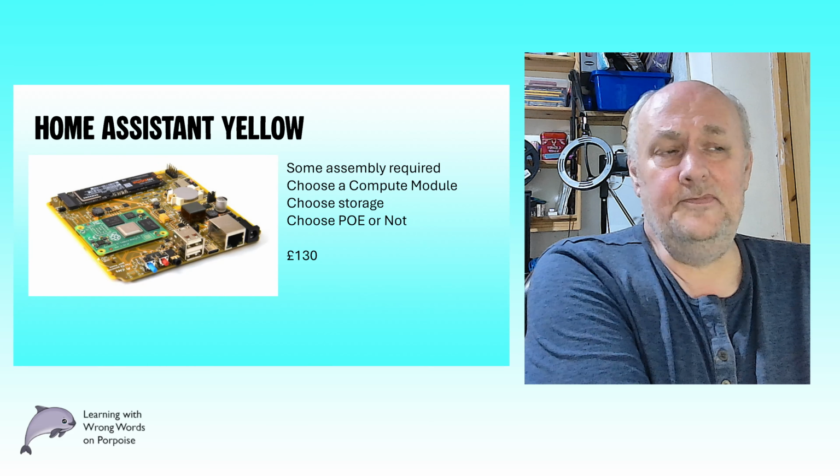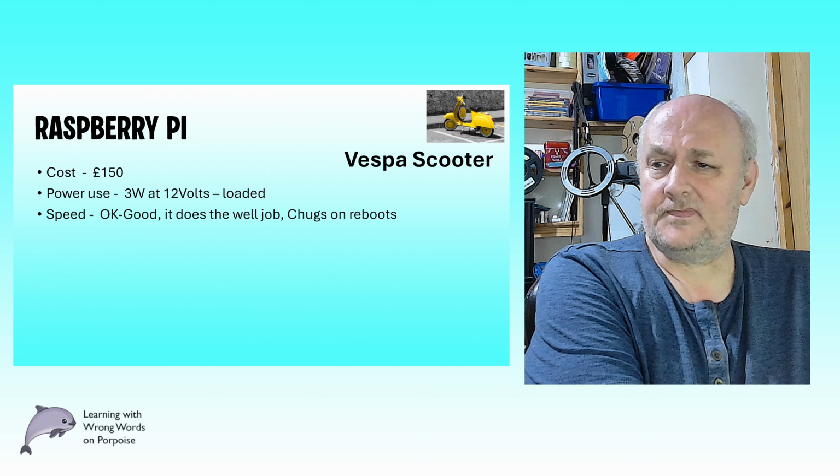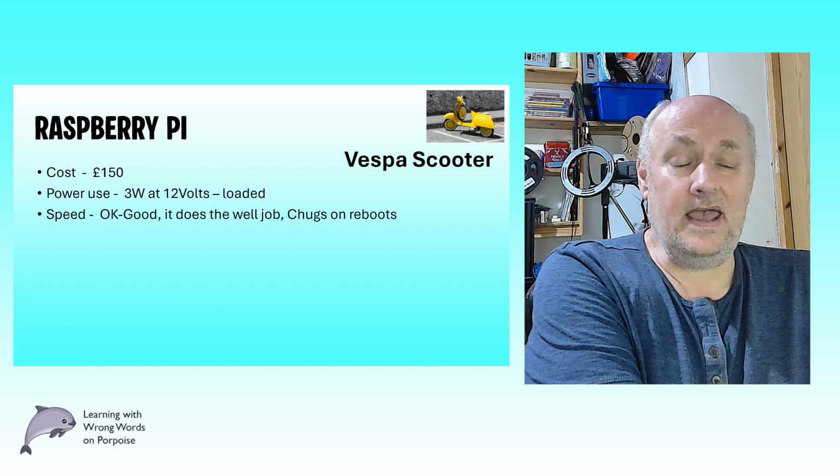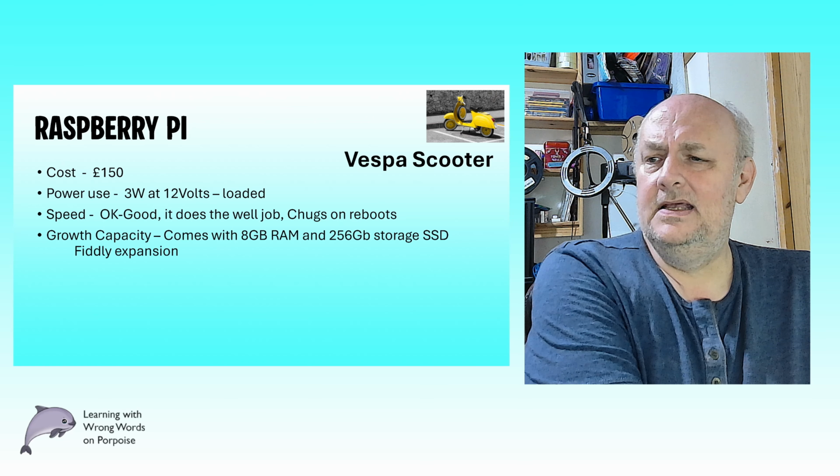Next we have the Raspberry Pi. Now this only just made it through because it needs a little bit of self-assembly. Cost is around £150 for everything that you need. Again, it's very good at power usage. Speed is okay. It's going to chug on reboot, things like that.